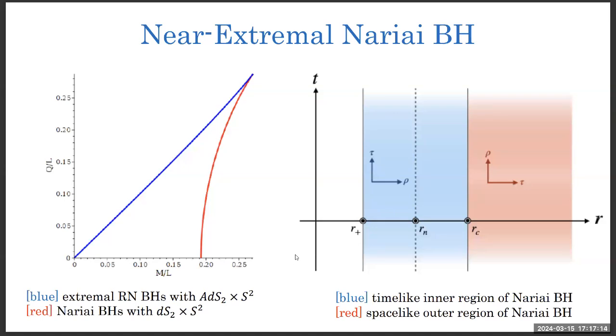Now, the extreme RN black hole system has an S2 cross S2, as I explained. Now, for the Nariai black hole, the black hole outer horizon and the cosmological horizon are close to each other, and then the geometry changes to S2 cross S2. This attracts attention in the string community, just because this Nariai black hole looks like a very specific 3D system.